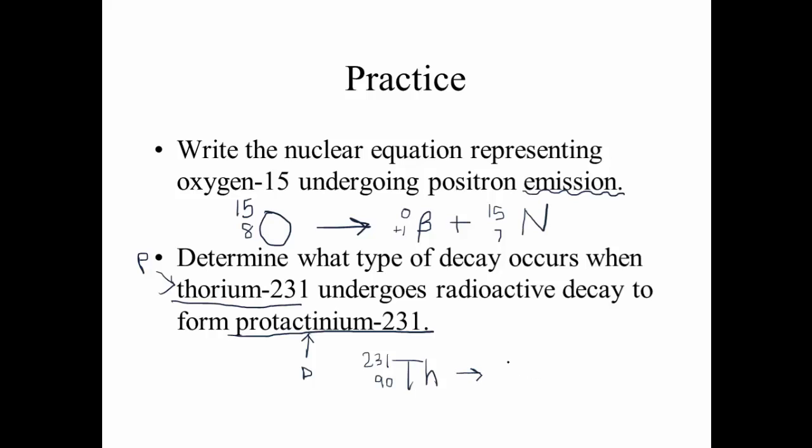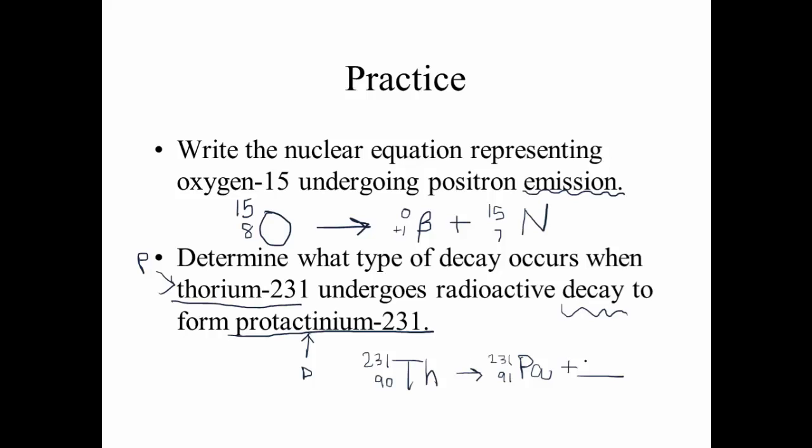We don't really know what's happening, but we know it forms protactinium, which is element Pa, right next to it. Pa-231, and protactinium has 91 protons. So we're just figuring out what numbers, and therefore what element, need to go over here so that this works out.